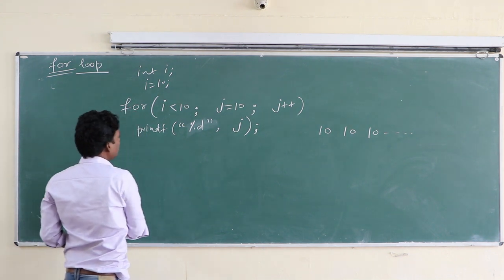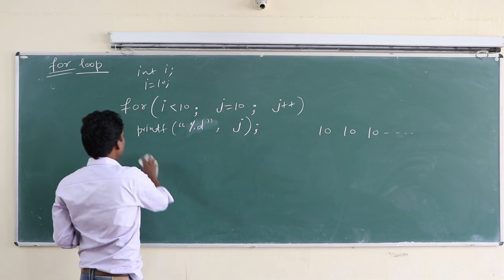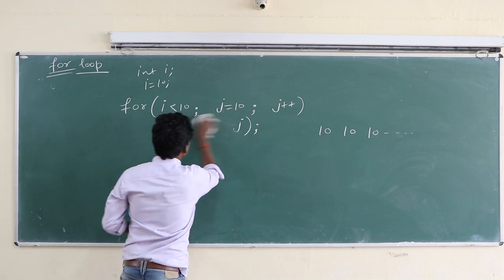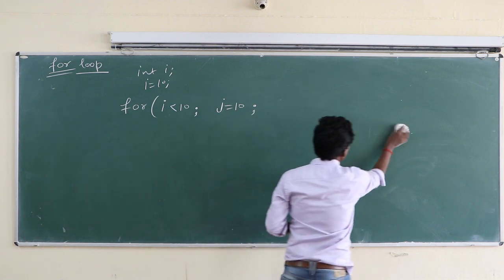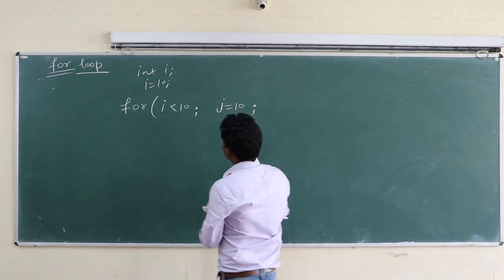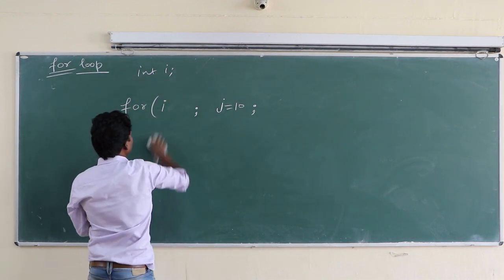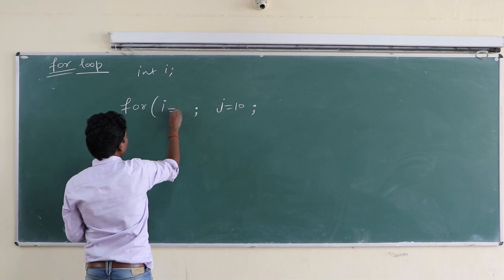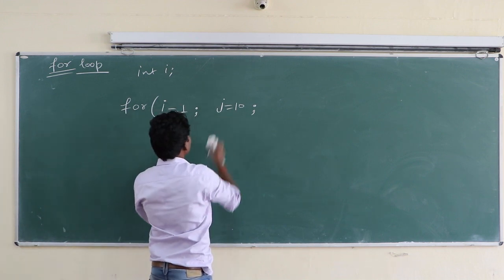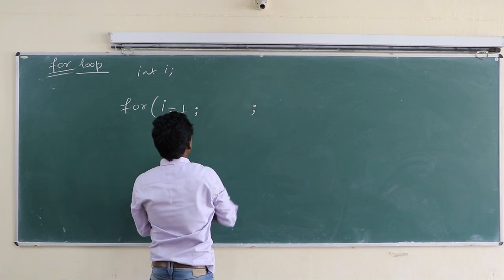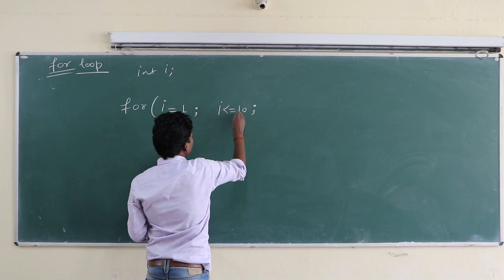Now there is another problem. So class, here you can write i equal to 1, initialization, testing, i is less than or equal to 10.